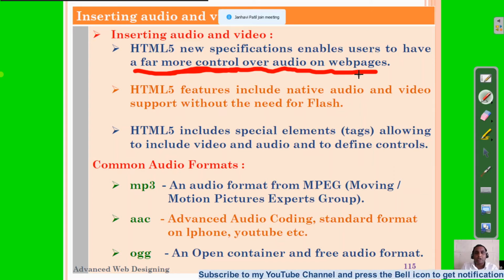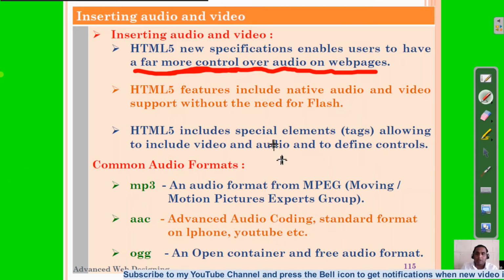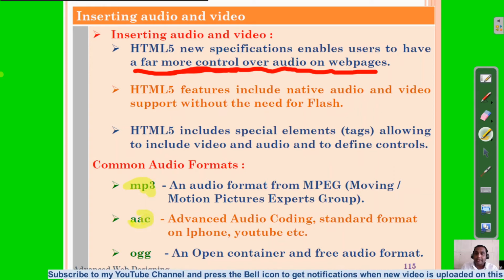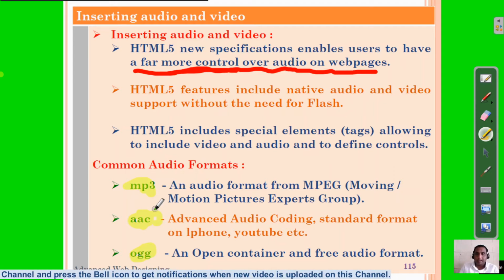These are said to be the controls. Some common audio file formats are MP3, AAC, and OGG. Okay, MP3 is the most common format on the World Wide Web, an audio format from MPEG.